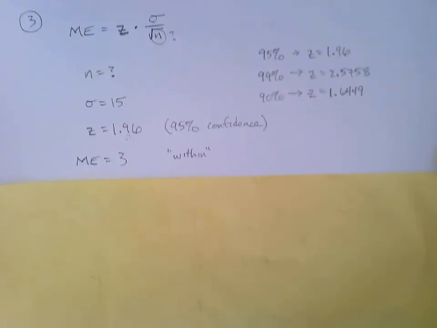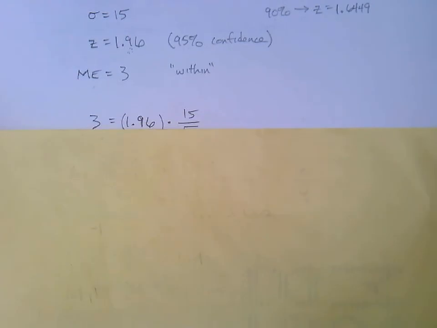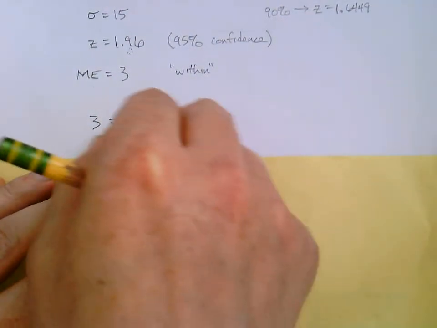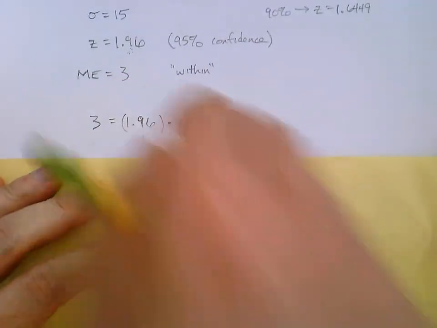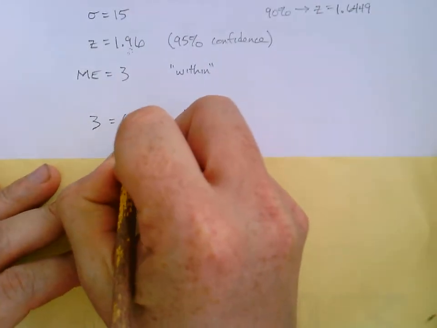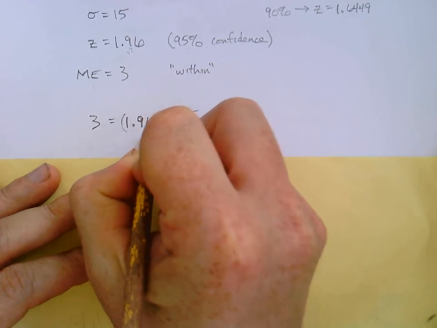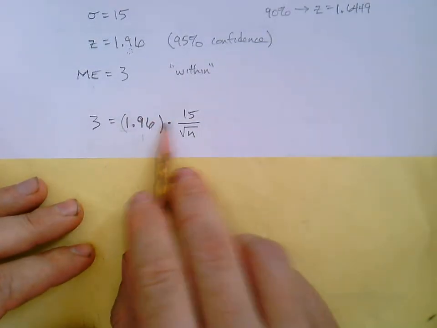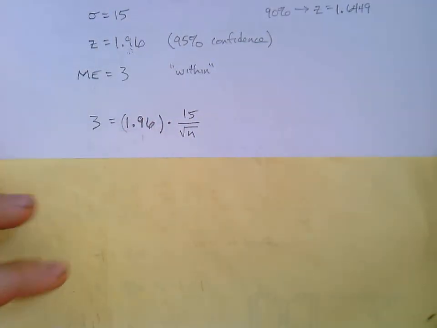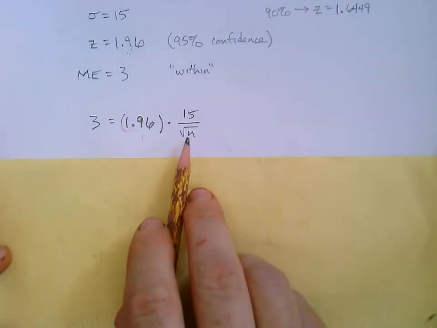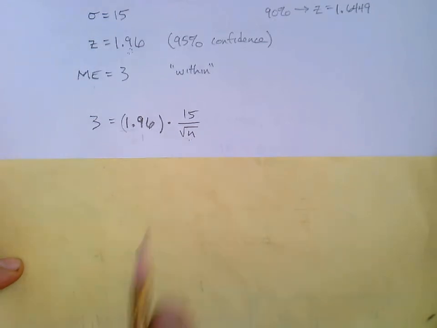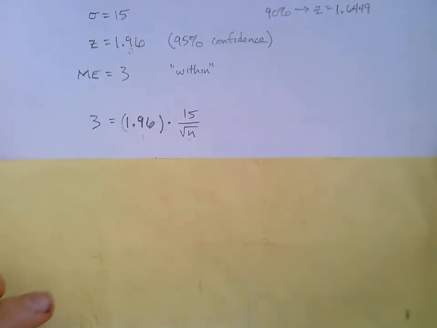Okay. Well, now that we know all these values and we have a formula to plug in, let's go for it. So we got 3 equals 1.96 times 15 over the square root of n. You think, okay, so we're supposed to solve for square root n. I'll walk you through the steps that I suggest. You might feel comfortable doing it a little bit differently.